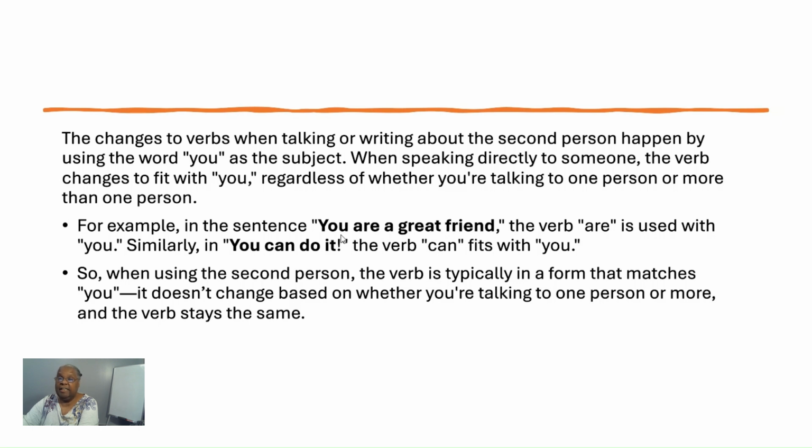Similarly, in you can do it, the verb can fits with you. So when using the second person, the verb is typically in a form that matches you. It doesn't change based on whether you're talking to one person or more, and the verb stays the same.